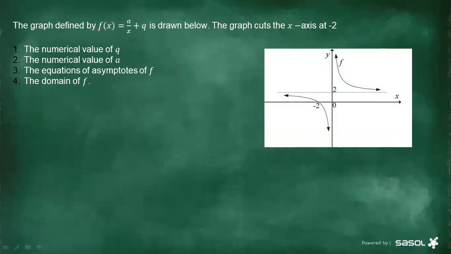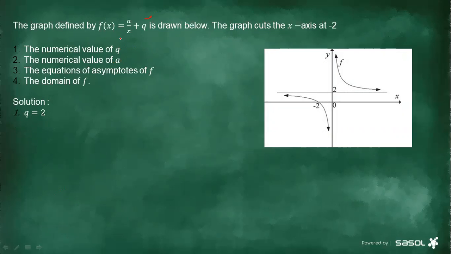The graph defined by f of x equals a over x plus q is drawn below. The graph cuts the axis at -2. The numerical value of q, we said, is the horizontal asymptote. How much? It's +2. That's number one.